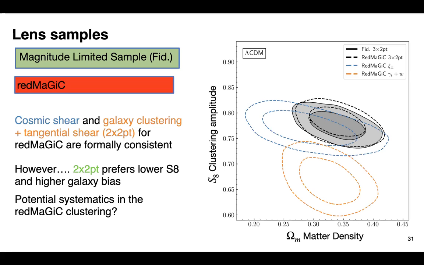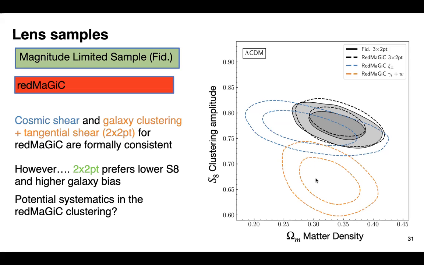So by the metrics that DES used within the 30-dimensional parameter space, these were formally consistent, but I think you can clearly see that the 2x2 analysis is predicting an unusually low clustering amplitude, so it is at the very least worth doing a post-unblinding investigation of why that happened, to try and understand what it is about these red galaxies that was giving unusually low clustering information.